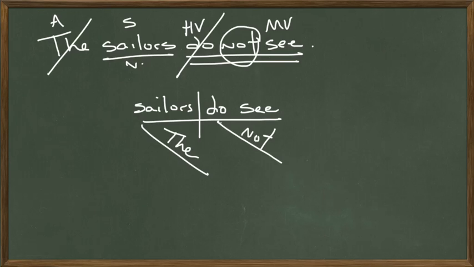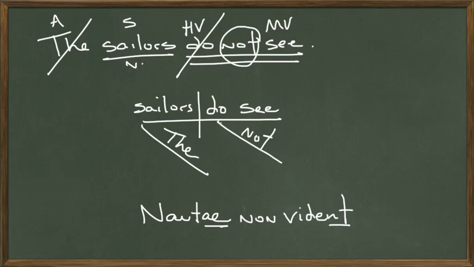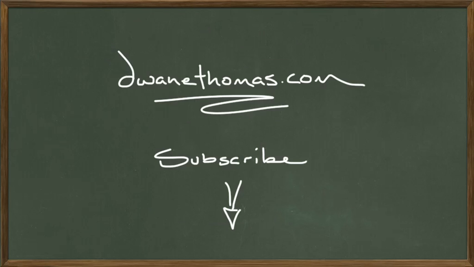We're going to translate this into Latin, and we have nautae. Remember, we're going to get rid of do. We're going to add not, non. And remember, we have a plural subject, nautae, so we have to have a plural verb. So we'll choose vident again. Nautae, non, vident. There you go.